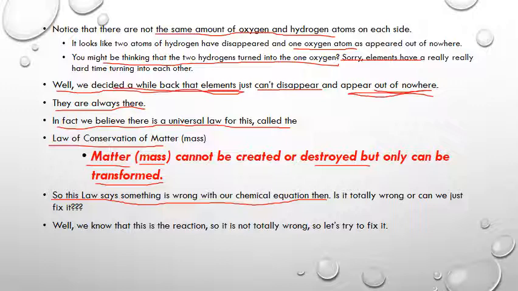So you have to ask, is the chemical equation totally wrong, or can we just adjust it and fix it? Well, we know that this is the reaction. We know that when we add methane to oxygen, it produces carbon dioxide and water. So it's not totally wrong. That means we must fix it.